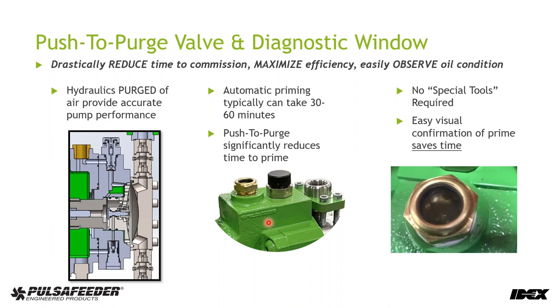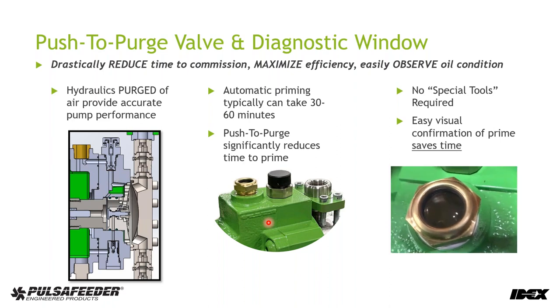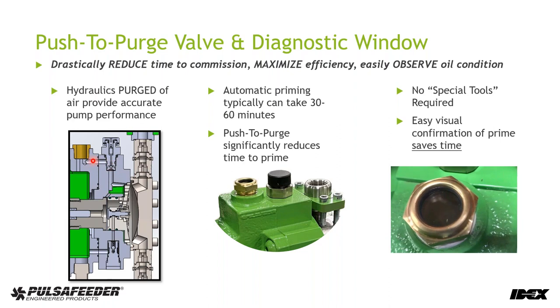So what the push to purge button does is it allows that system to be manually purged. It's a button that you literally depress, and it allows hydraulic fluid, a large amount of hydraulic fluid, to pass out and get out of that area behind the diaphragm that is the motive force.